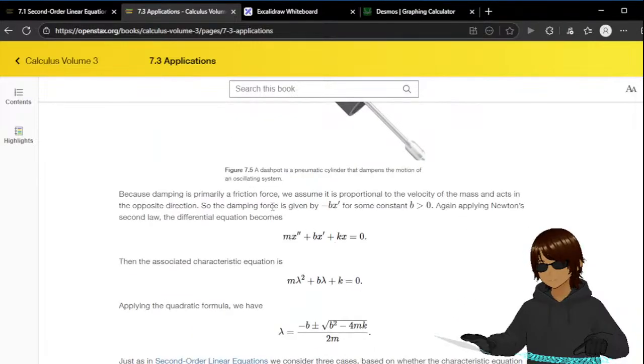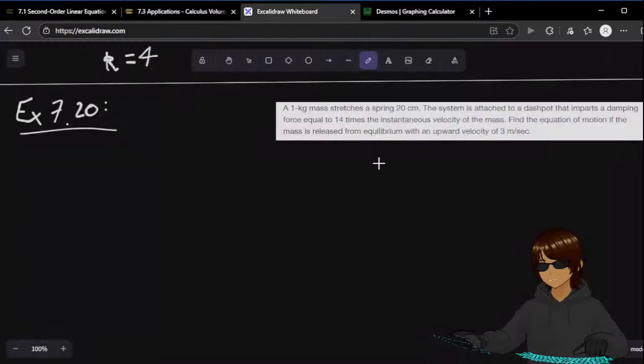So the damping force is usually given by minus b times the derivative of x. So the force of the damping is minus b times the derivative of x. We find the equation of motion if the mass is released from equilibrium with an upward velocity of 3 meters per second.